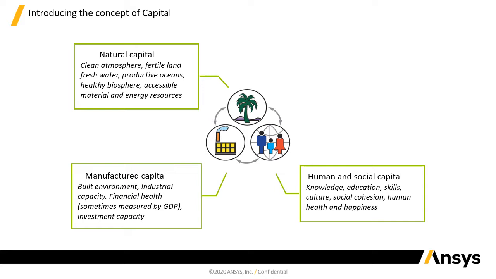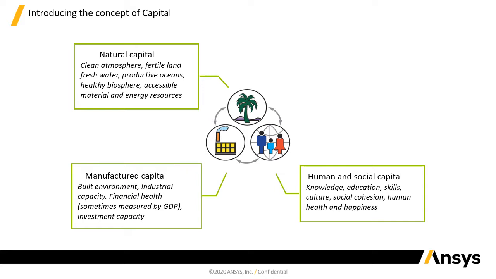Human and social capital is knowledge, education, skills, culture, social cohesion, human health, and happiness. So we are looking at sustainability challenges, interlinkages and synergies, as a matter of the synergies between these different capitals: natural, manufactured, and social and human capital.